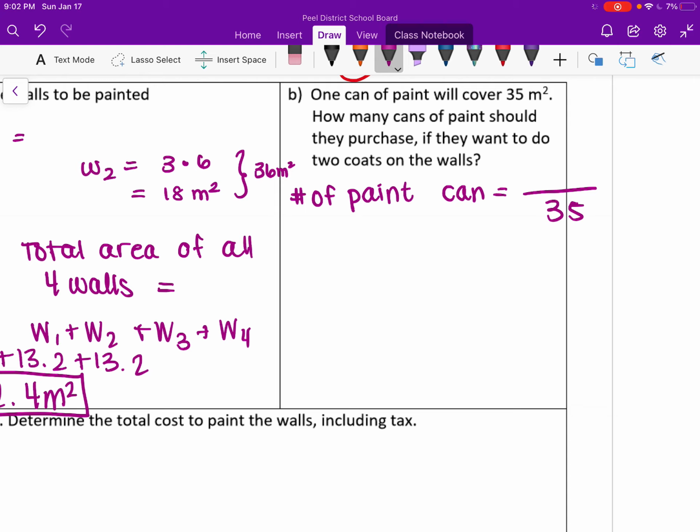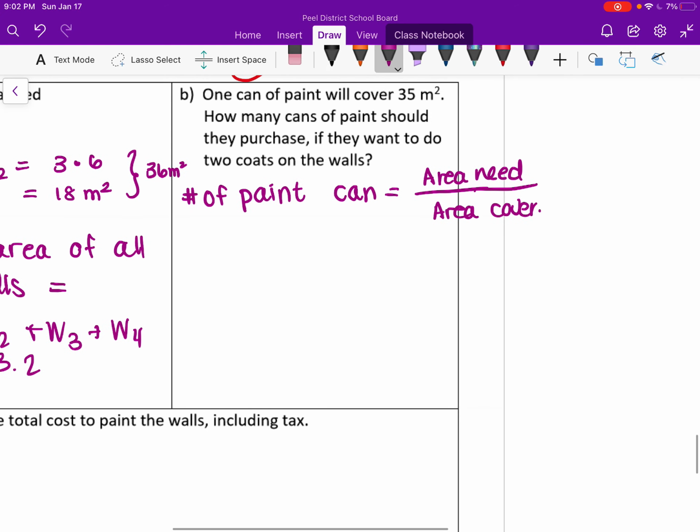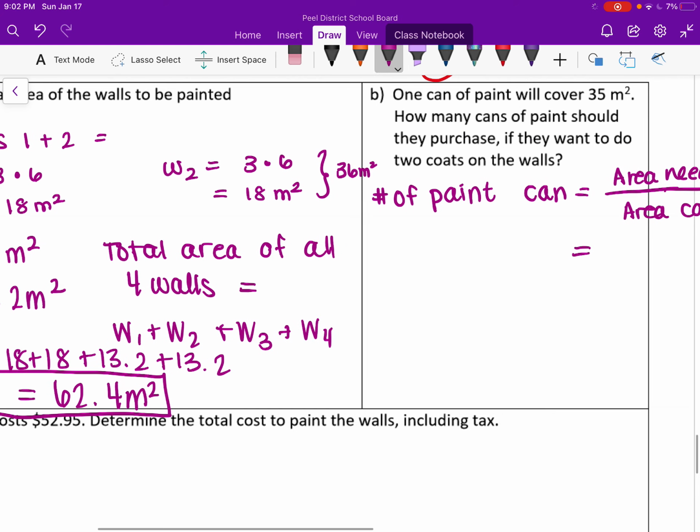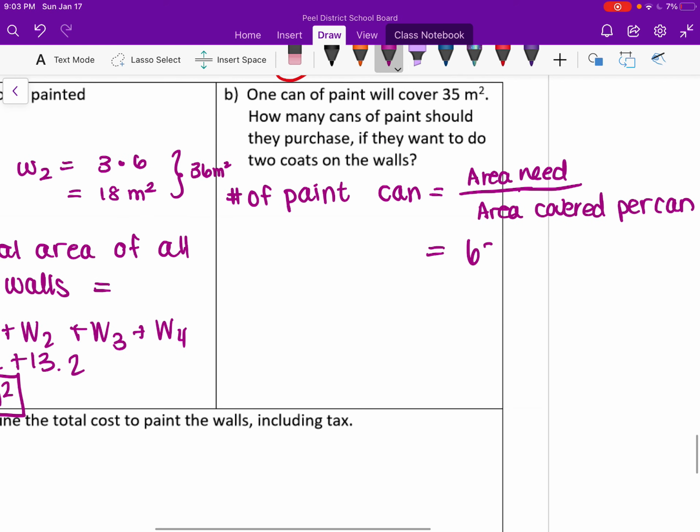So let's take the area needed divided by the area covered by 1 paint can. We need to cover 62.4 meters squared, and we have 35 meters squared that can be covered by one can.